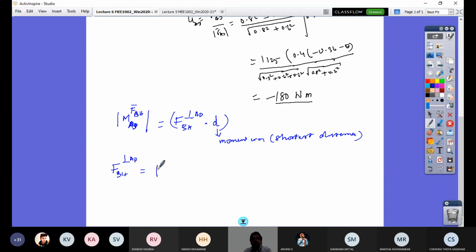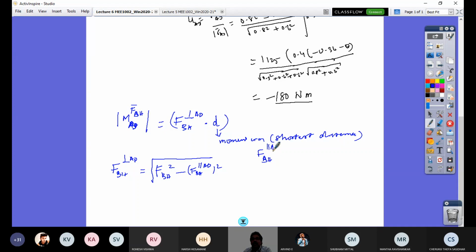That would be the square root of FBH modulus squared minus FBH parallel to AD component squared. Finding FBH parallel to AD is easier than finding the perpendicular directly, so I will get it this way.